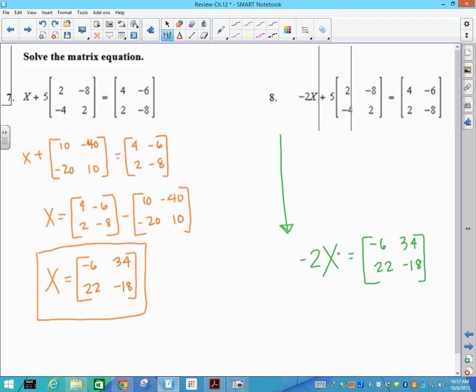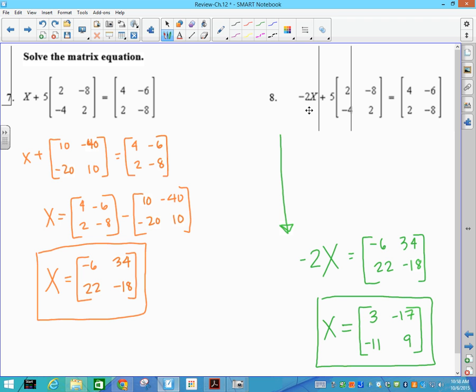So what I'm going to do now is divide everything by negative 2 or multiply by negative 1/2, however you want to think about it. But I'm going to divide each of these answers by negative 2. So negative 6 divided by negative 2, 34 divided by negative 2, 22 divided by negative 2, and negative 18 divided by negative 2. So that's the answer that I have for number 8.